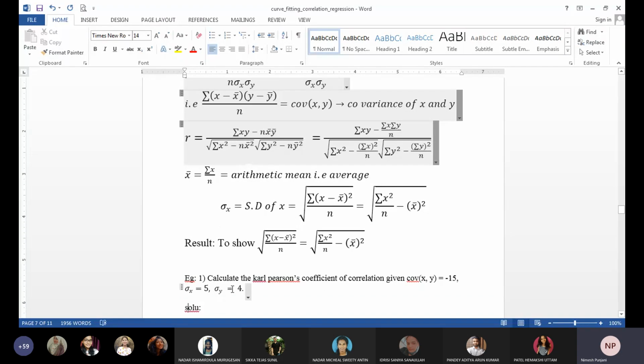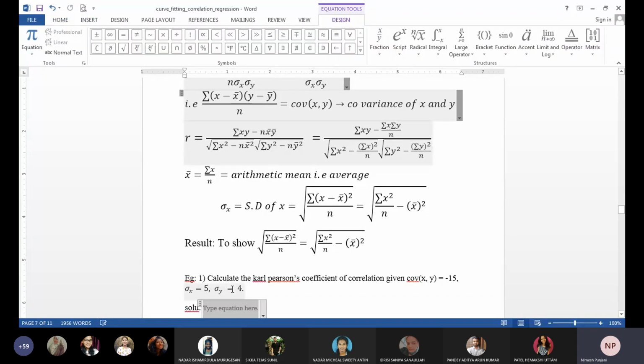And this is the part where writing down the formulas will be very helpful, because there are a lot of formulas. So if you remember the formulas, most of your problem is sorted out.